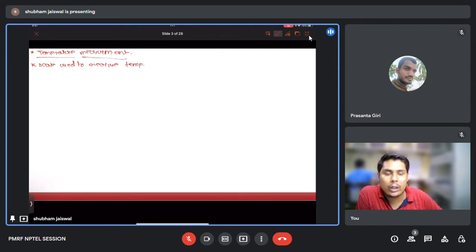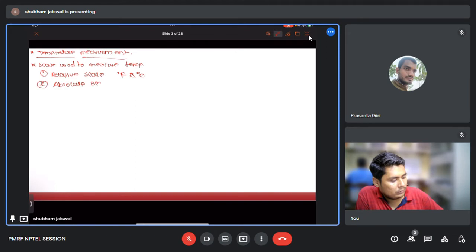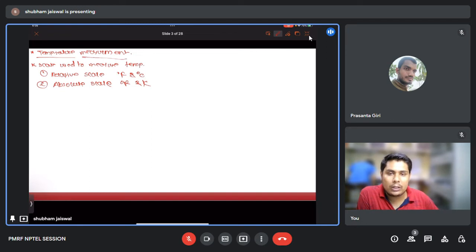We have seen two types. The first one is the relative scale, which includes the Fahrenheit scale and Celsius scale. In the absolute scale, we have seen the Rankine scale and Kelvin scale. After that, we have seen the relations between the different temperature scales.